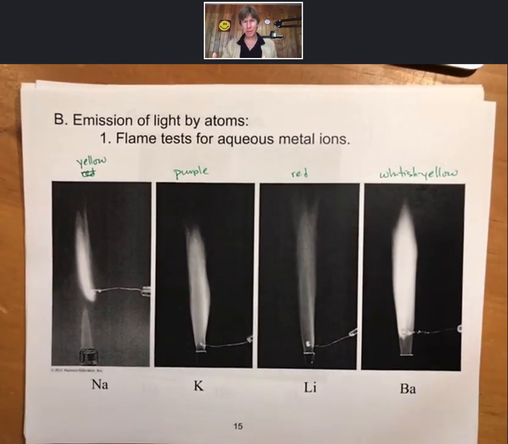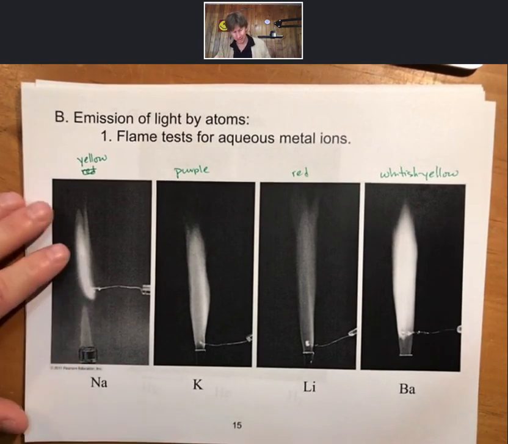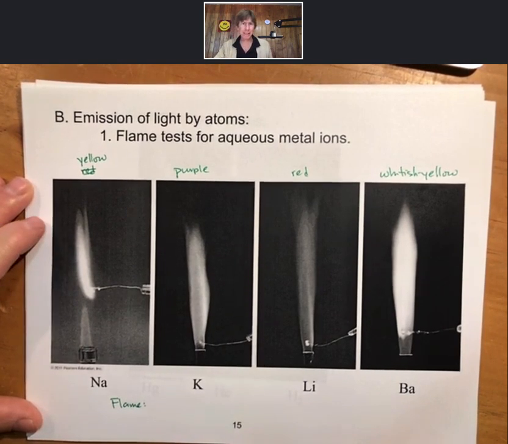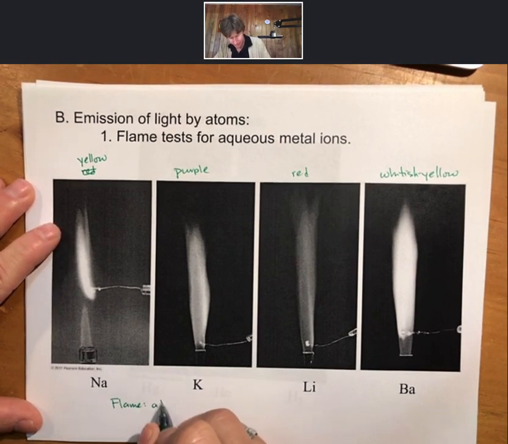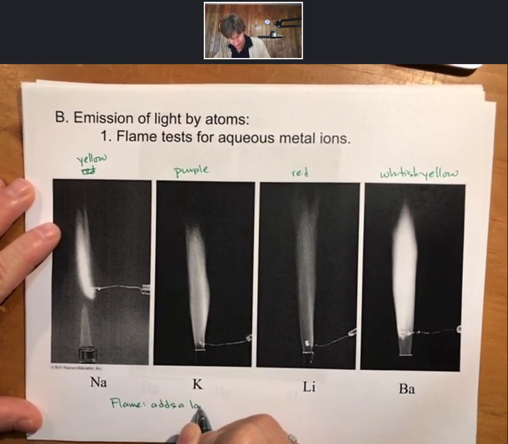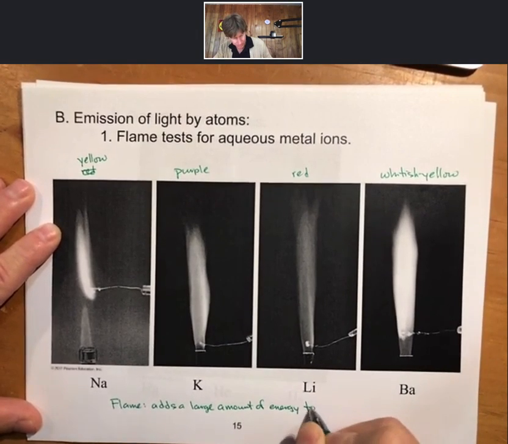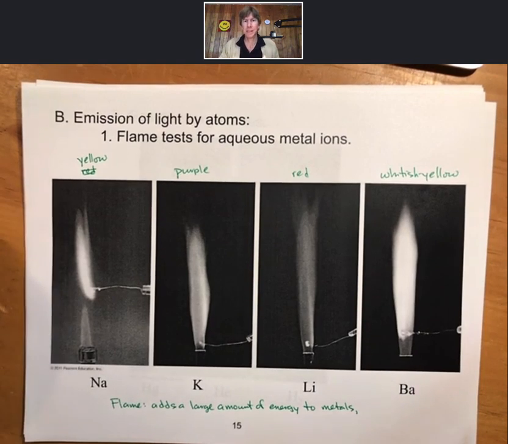And let's talk a little bit about this process here. So the aqueous ions, when they're put into a flame, these metal ions, if you will, the flame adds a large amount of energy to the metals, which makes the metals emit light.